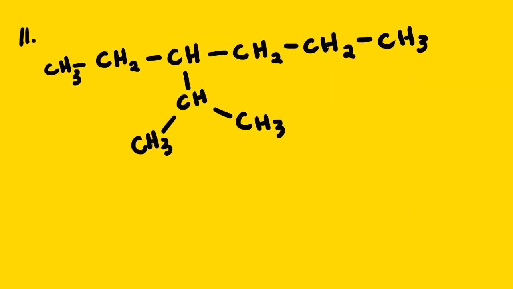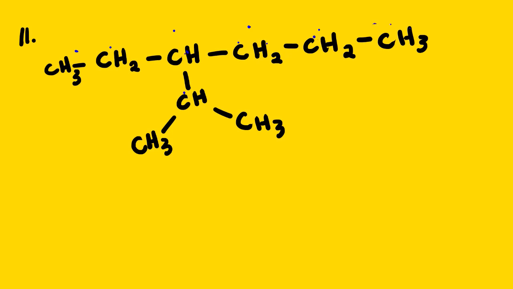Suppose we want the IUPAC name of this compound. If we count from here, 1, 2, 3, 4, 5, we cannot consider this as the longest chain. So we have 1, 2, 3, 4, 5, 6. If you count from right to left, 1, 2, 3, 4, 5, 6.